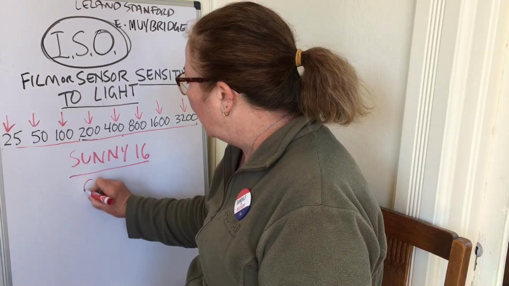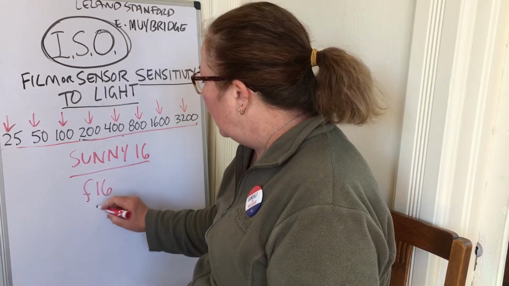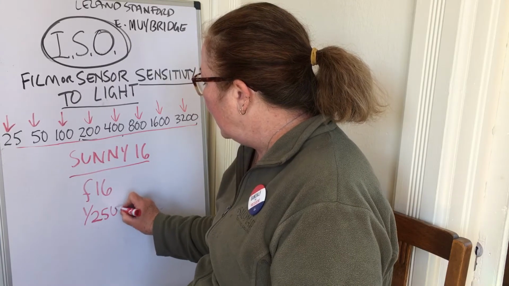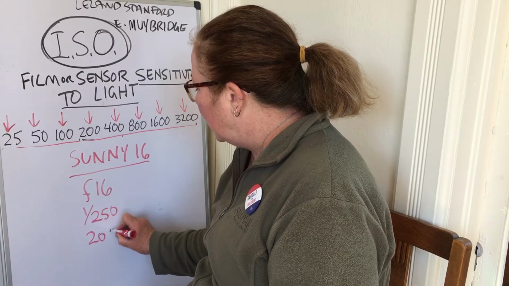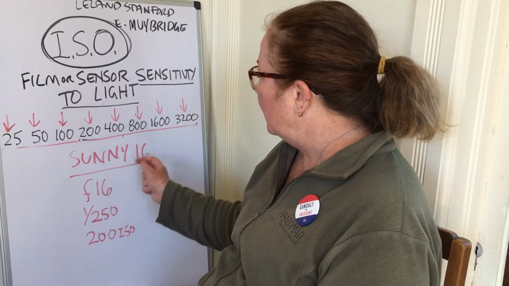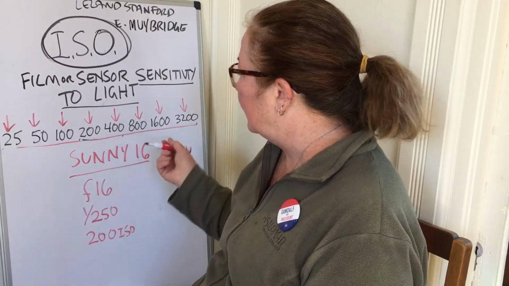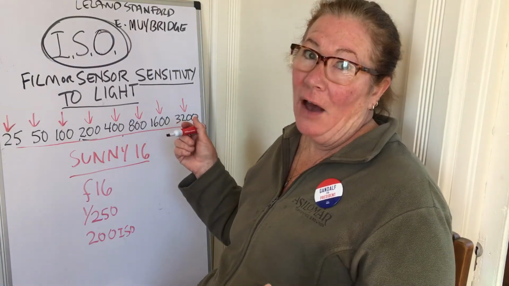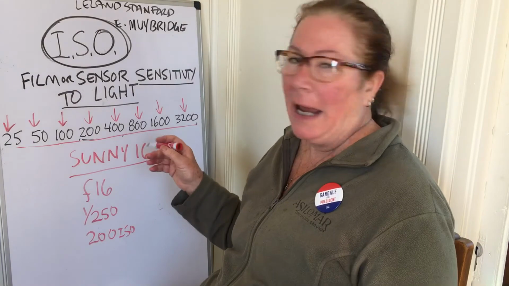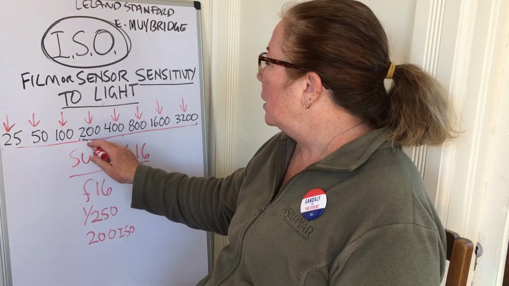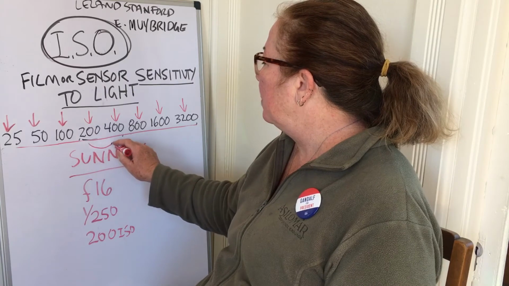Remember, we start off at f16 and 1/250th of a second, and the ISO is at 200. So when you start off there and you need 10.5 stops more light, sometimes you can't get that with just your aperture and your shutter, and then you need to push your film.